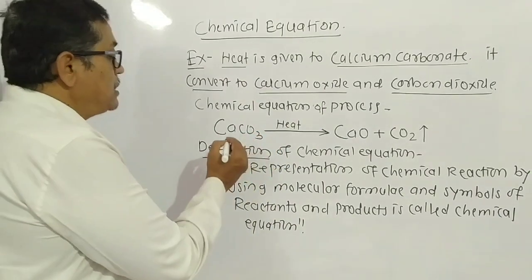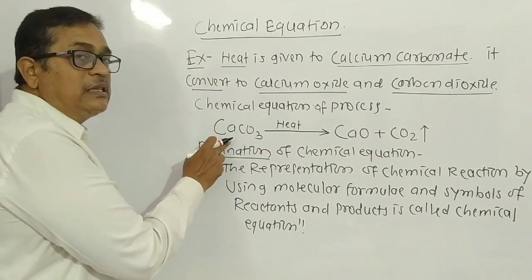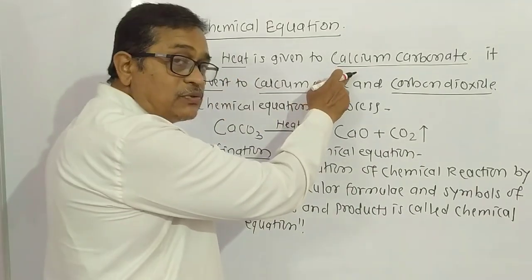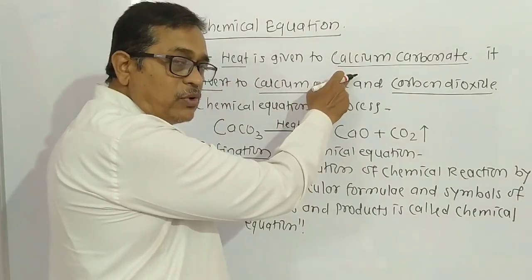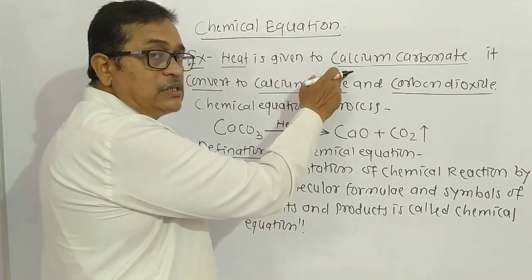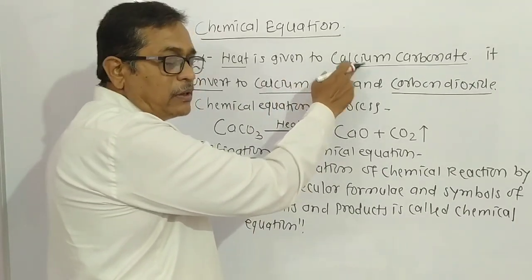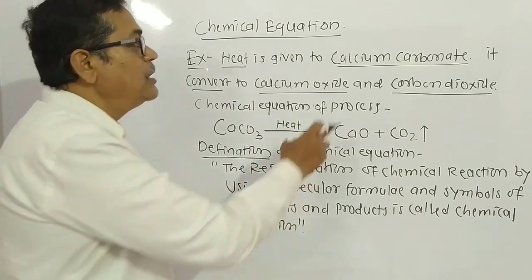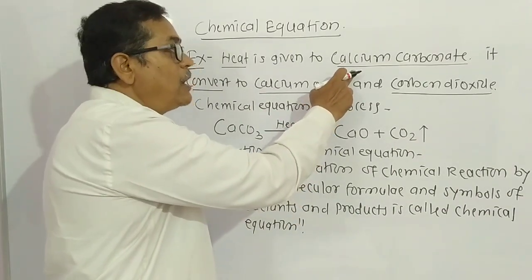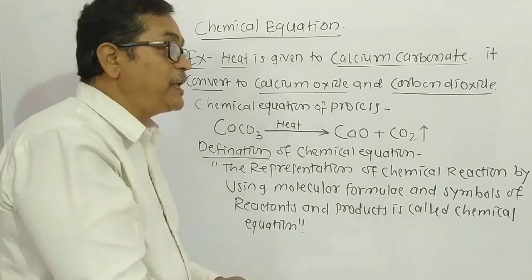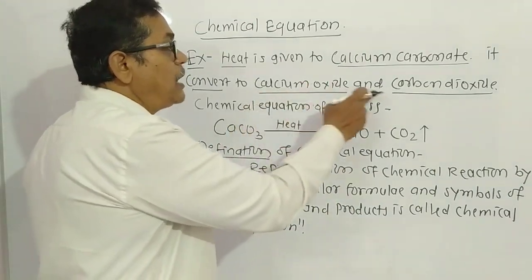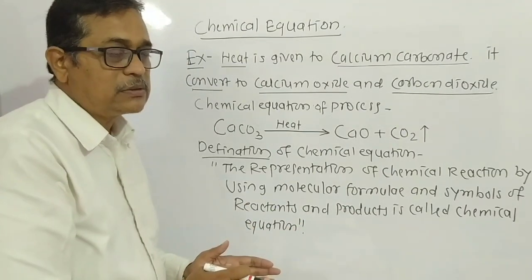The substance which takes part in the reaction is called a reactant. Heat is given to which substance? That is calcium carbonate, so it is the reactant. It takes part in this reaction, hence it is a reactant. And which products are obtained by heating calcium carbonate? Calcium oxide and carbon dioxide, they are the products.